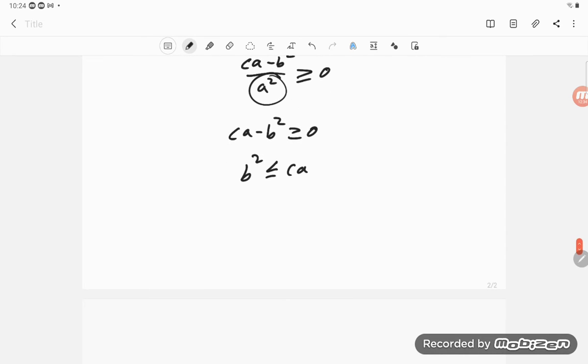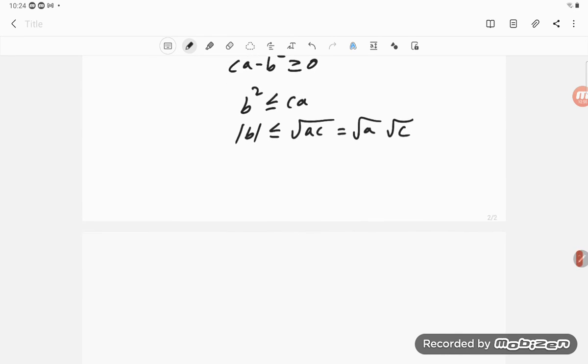And if I take the square root, that says the absolute value of b is less than or equal to the square root of ac, which we could write as the square root of a times the square root of c.